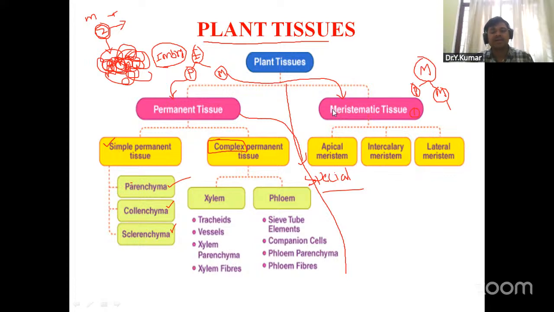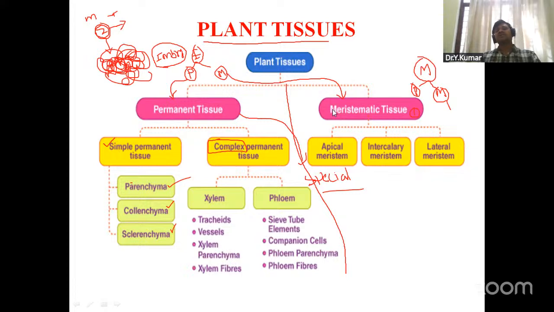The definition of meristematic tissue I already told you: they are small cells, a group of cells, capable of division, without intercellular space. Without intercellular space means there is no gap between the cells. That is called intercellular space.